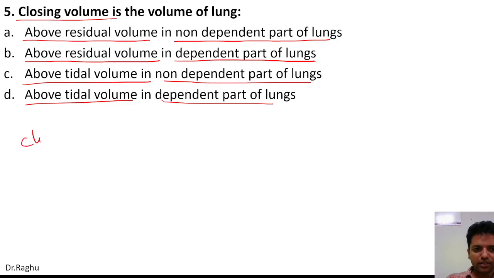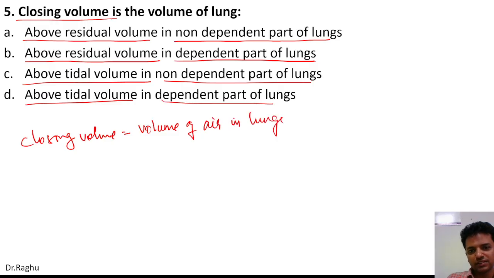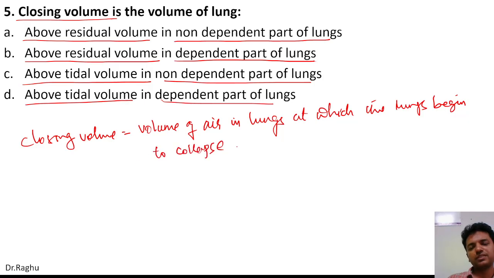But what is this closing volume? Closing volume is nothing but the volume of air present in the lungs at which the lungs begin to collapse.